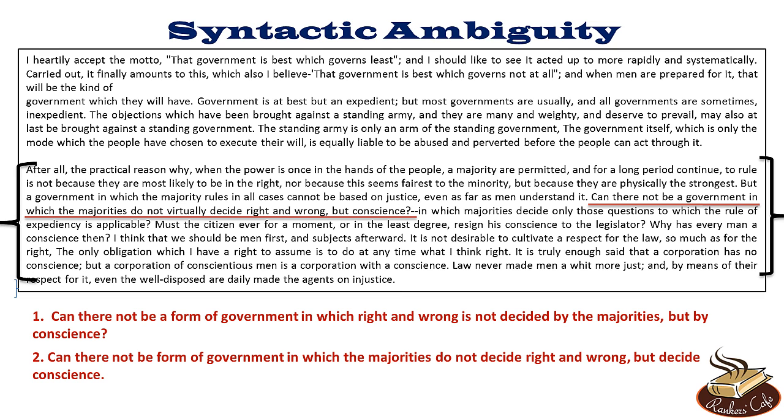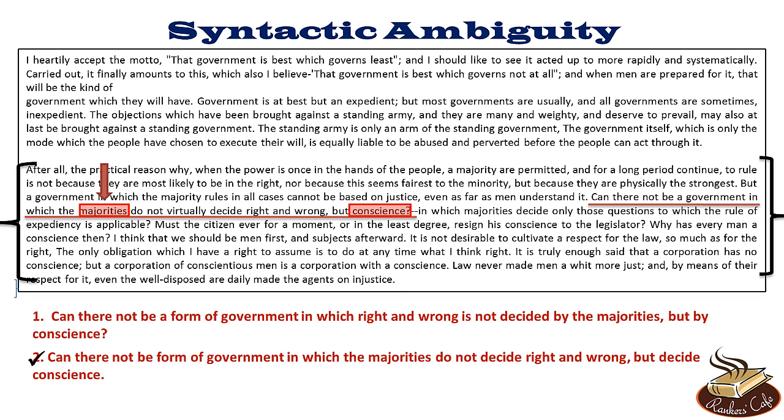This ambiguity arises because it is not clear who the agent of action is, the majorities or the conscience. If majorities is the only agent and acts upon or doesn't act upon right and wrong and conscience, then the second reading of the sentence is right.